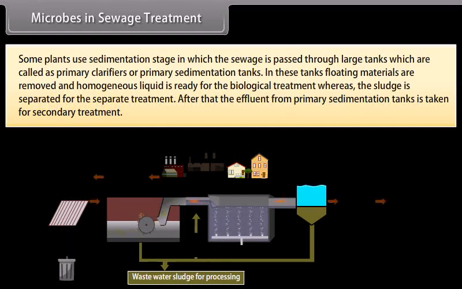In these tanks, floating materials are removed and homogeneous liquid is ready for the biological treatment, whereas the sludge is separated for separate treatment. After that, the effluent from primary sedimentation tanks is taken for secondary treatment.